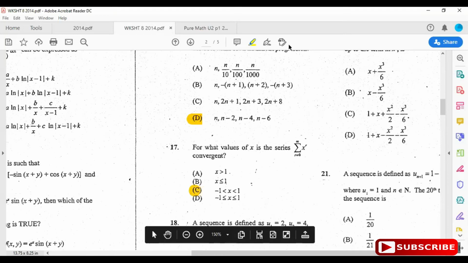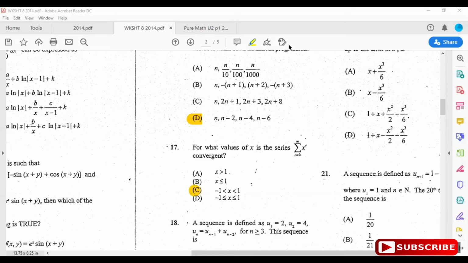It is C because for a GP, the modulus of the common ratio R has to be less than 1. That's telling you that R has to be between 1 and -1. How did we find this common ratio? If you take the summation from R equal 0 to n of x to the R and write it out, when R is 0, you get 1.